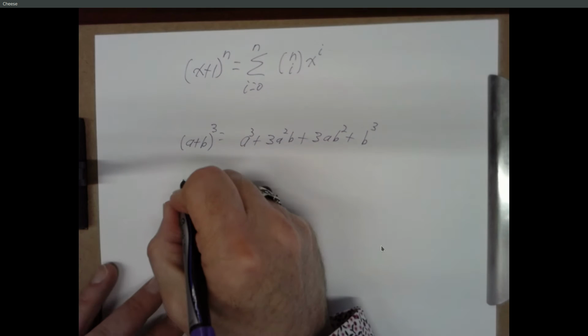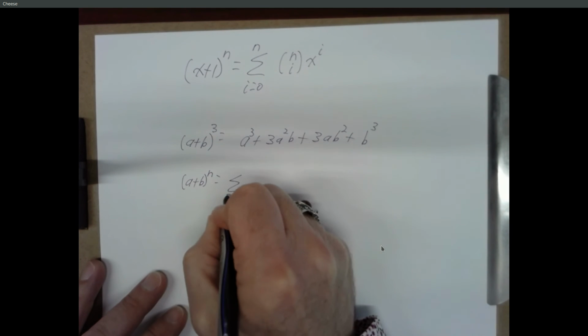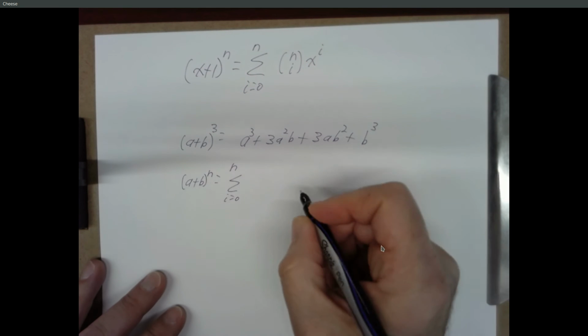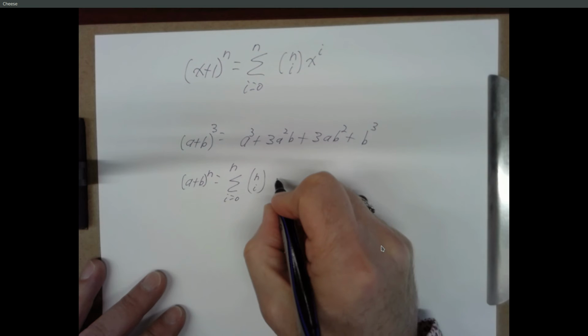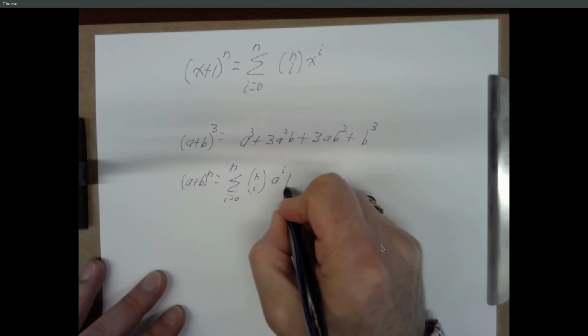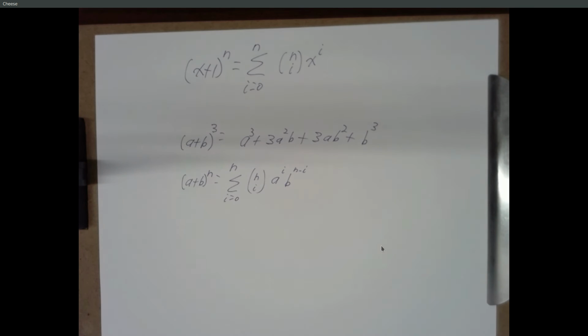So we can generalize this. So it's going to be a coefficient of n choose i. And it's going to be a to the i and b to the n minus i. No, wouldn't it be flipped the other way around? The exponents would be flipped, so it would be a to the n minus i and b to the i.